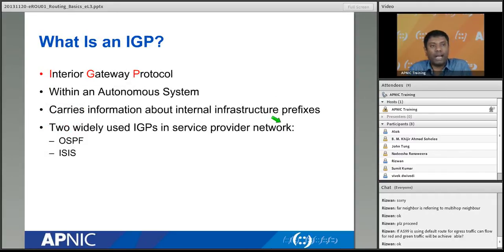What do we advertise in IGP, to design a scalable network? Normally, we advertise our infrastructure prefixes in IGP. Infrastructure means obviously our loopbacks and point-to-point links. All those infrastructure prefixes, loopback and point-to-point, normally we advertise into IGP, because as we know, if IGP has so many prefixes, for example on the internet we have 500,000 prefixes, no way your IGP can scale.